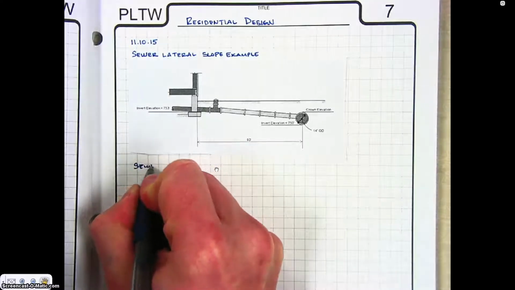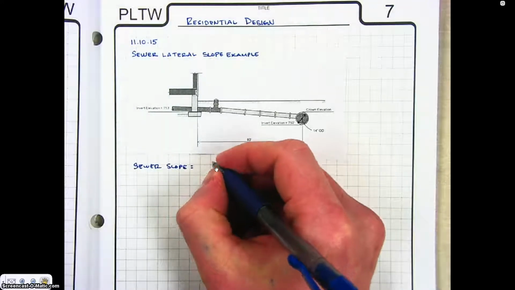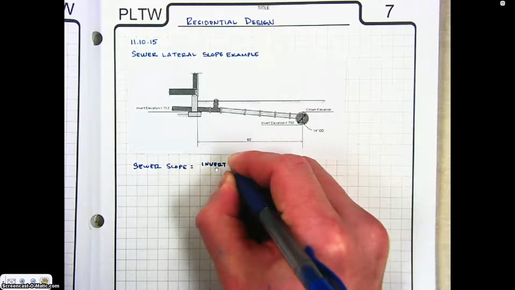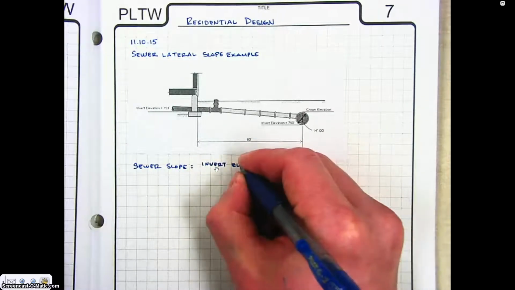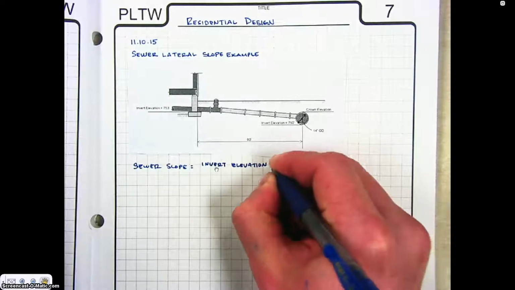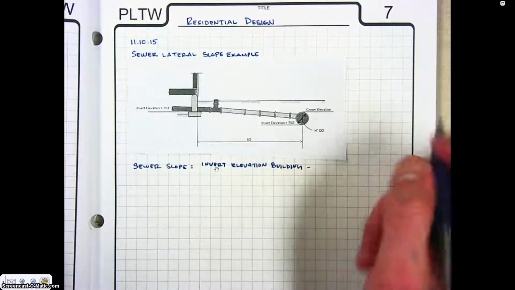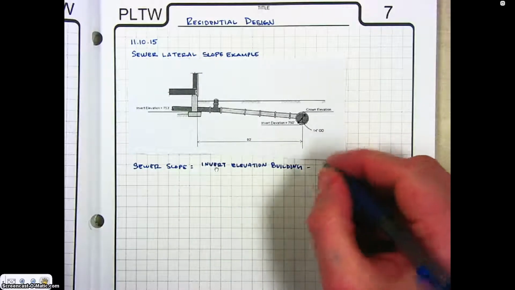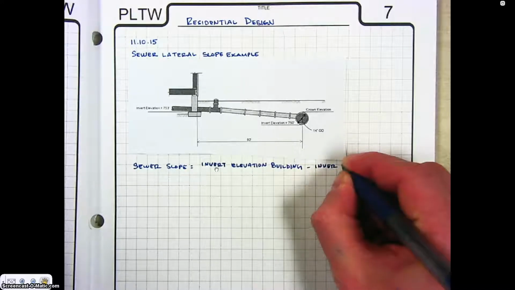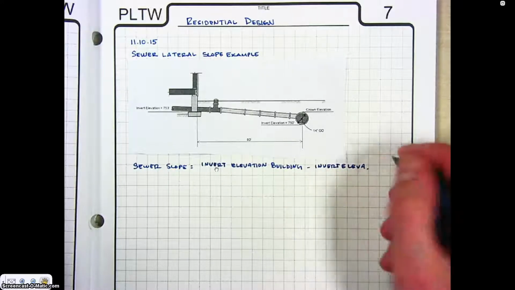The sewer slope is going to be equal to the invert elevation of the building minus the invert elevation of the main.